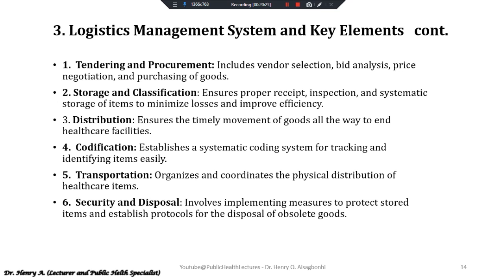It faces real challenges such as poor infrastructure, forecasting errors, and policy issues. And it succeeds only when key elements such as procurement, storage, transport, and disposal work together in harmony.